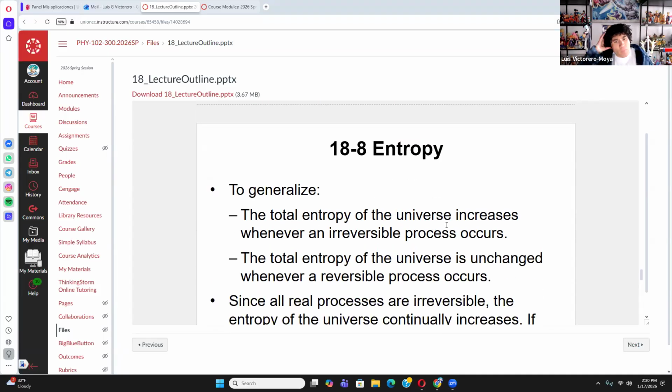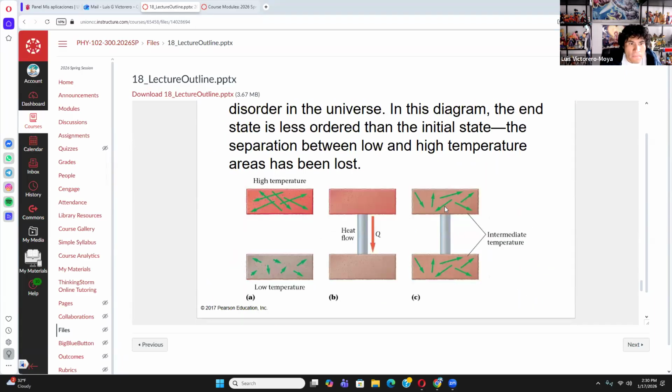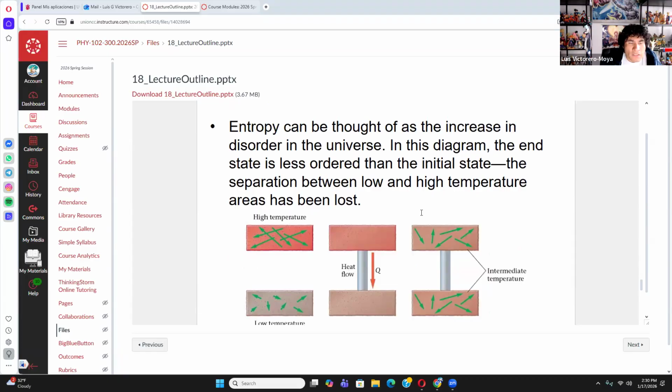The total entropy of the universe increases whenever an irreversible process occurs. The total entropy of the universe is unchanged whenever a reversible process occurs. That's the second or slash third law of thermodynamics. All right. So yeah, entropy can be thought of as the increasing disorder in the universe, or in this case, of a system. All right.